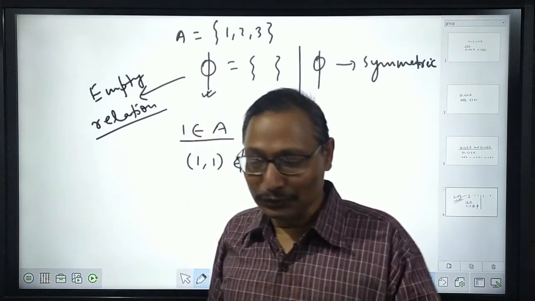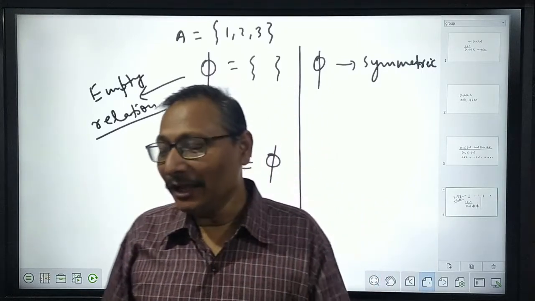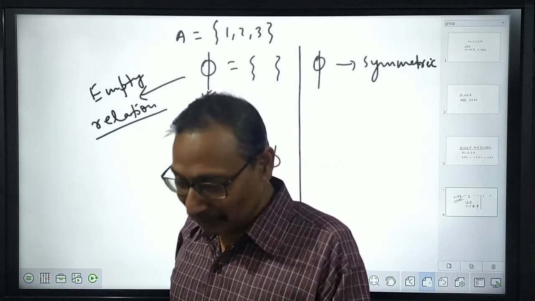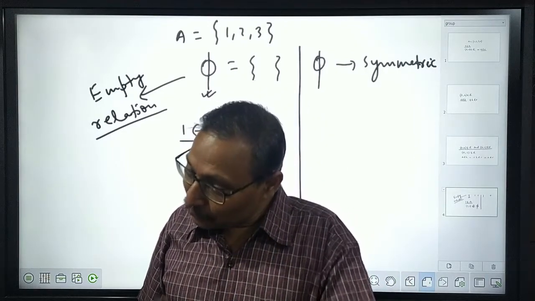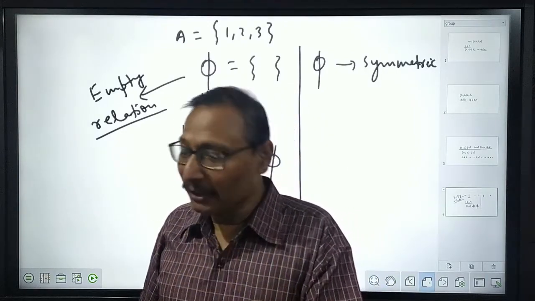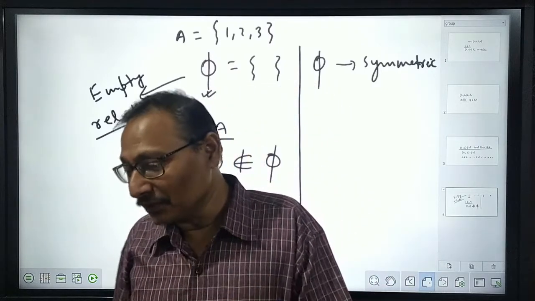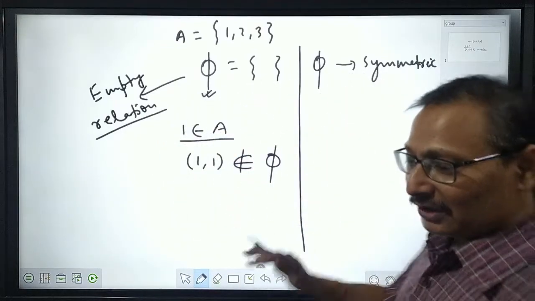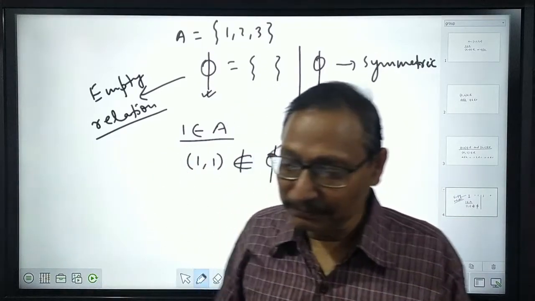As for example, you can take (a, b) belongs to the given relation, and only then you are supposed to check whether (b, a) belongs to R or not. Mind it, this phi contains no element inside it. So how can you pick any pair from it?